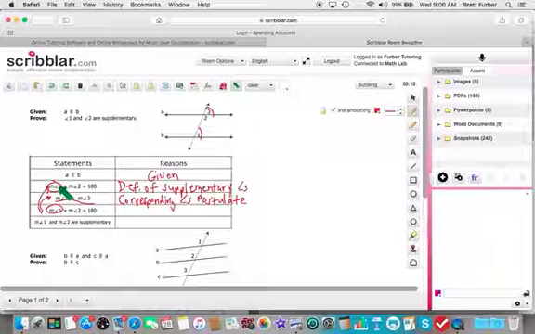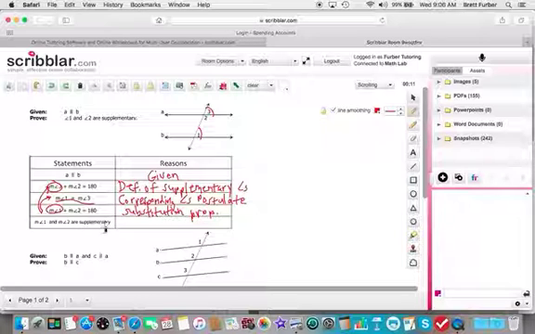So all we did was take the measure of angle 3 out and replace it with the measure of angle 1. So that's going to be the substitution property. But you can just write substitution, and for property we'll just put prop.